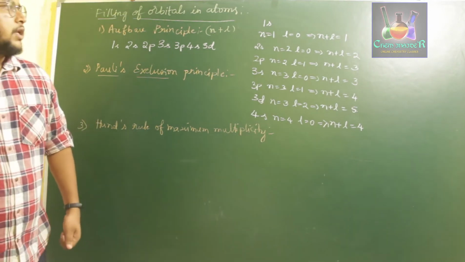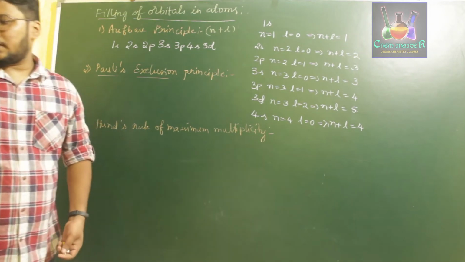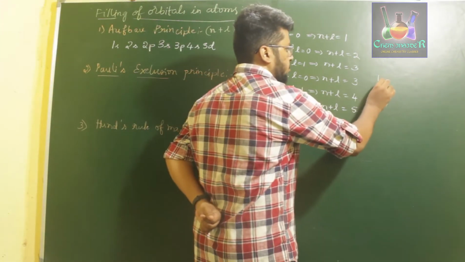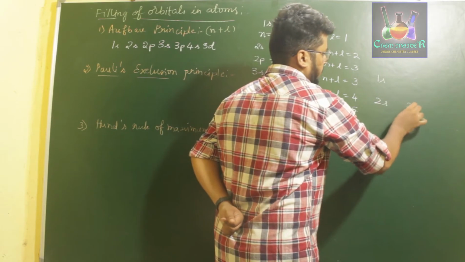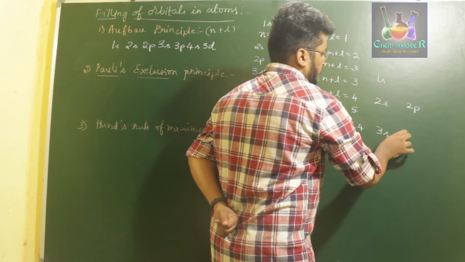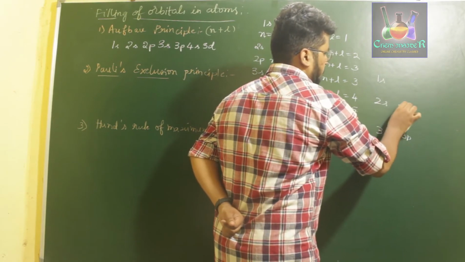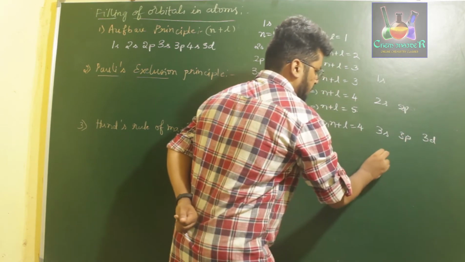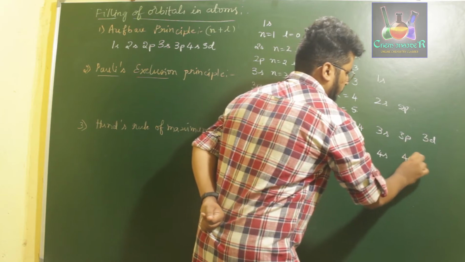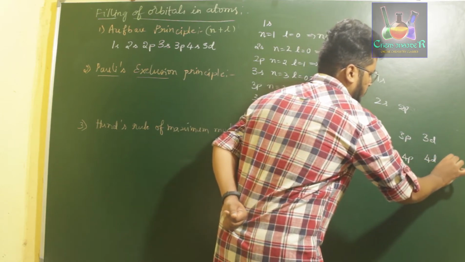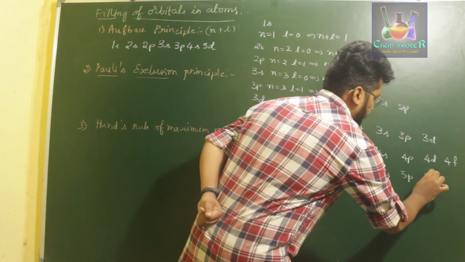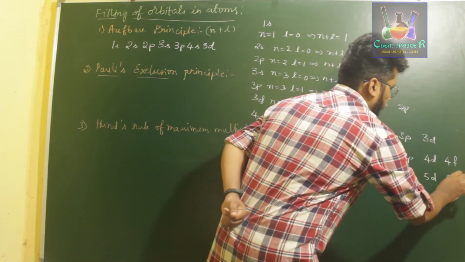You can also fill up the electrons using a different trick. That is, if you write down like this: 1s, 2s, 2p, 3s, 3p, 3d, 4s, 4p, 4d, 4f, 5s, 5p, 5d, 5f.